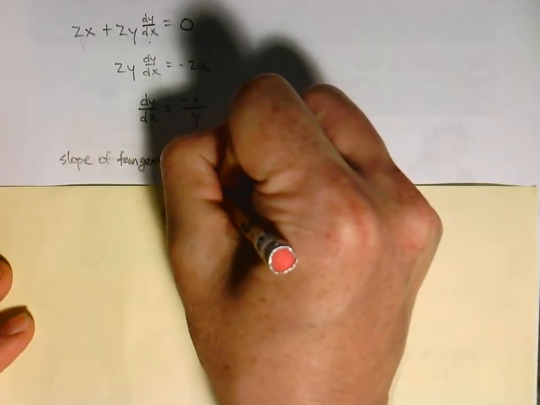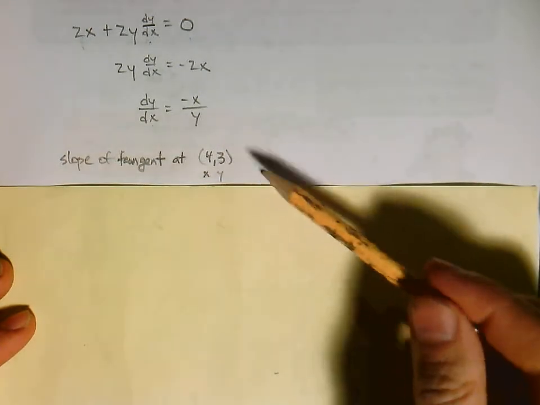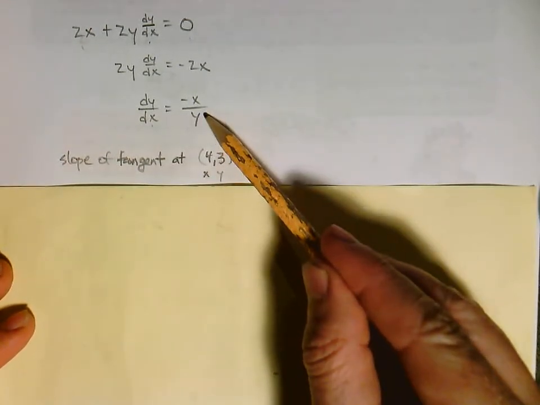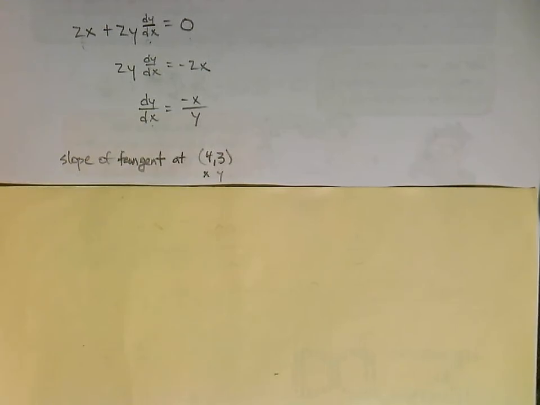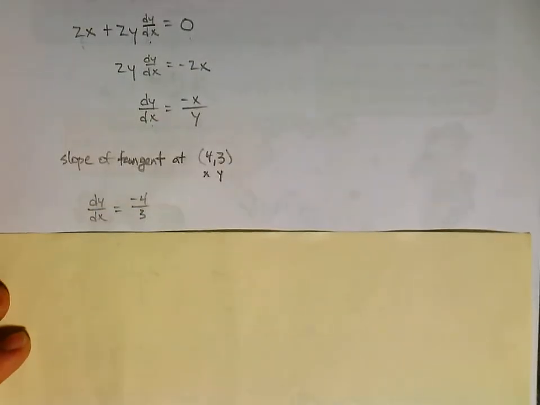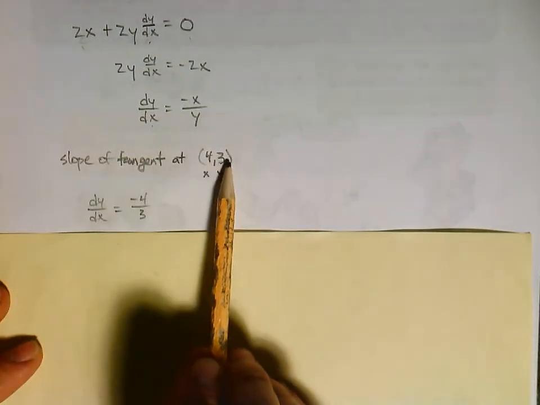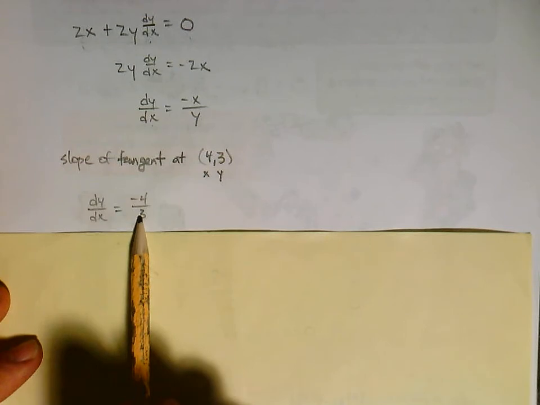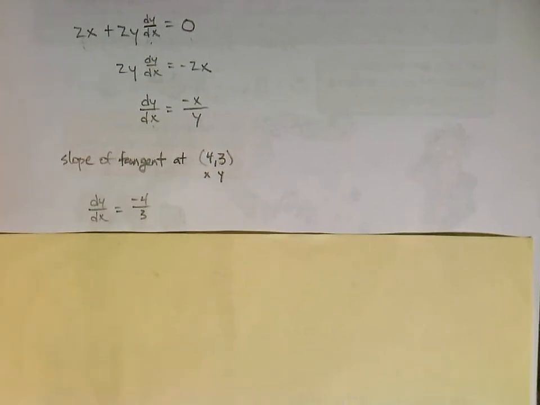So when we're dealing with implicit derivatives, we'll need to plug in both x and y right there. We don't just plug in the x value like we would normally. So no problem. At the point (4,3), well, x is 4, y is 3. The slope of the tangent line there is negative 4/3.